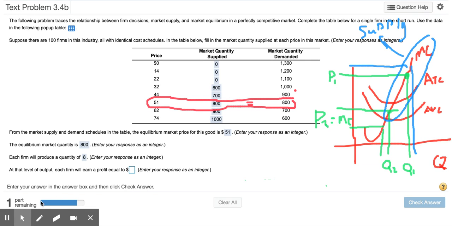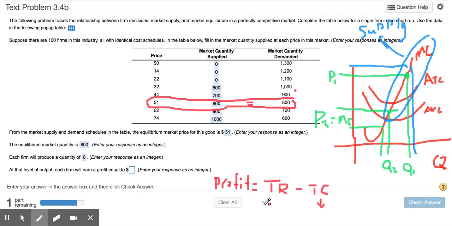So remember that profit is equal to total revenue minus total cost. So we should have total cost from this table, and total revenue we can calculate.